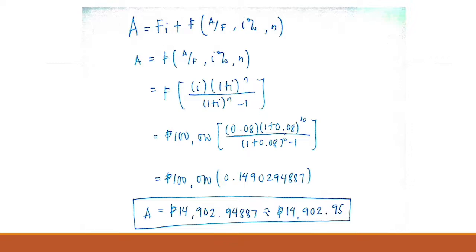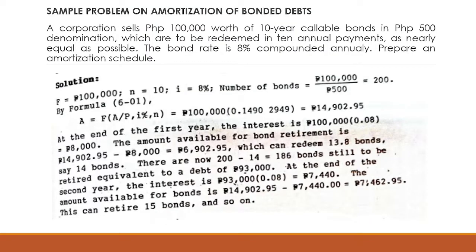A is equals to F (A/F, I, N). This is the formula. So, the answer is 14,902.95.